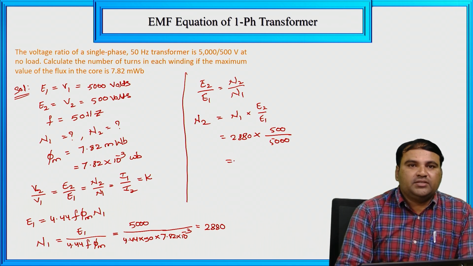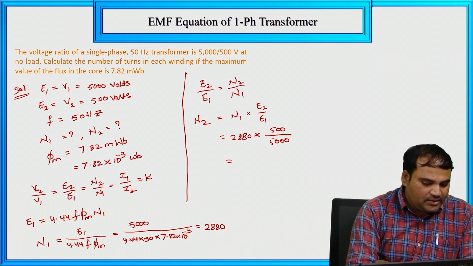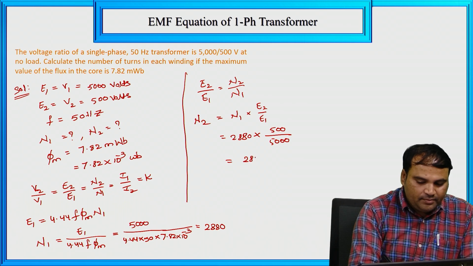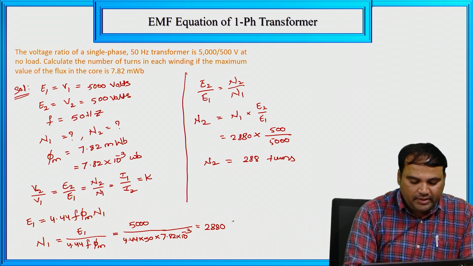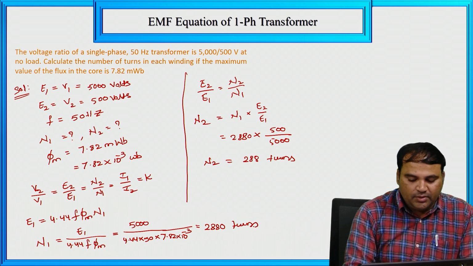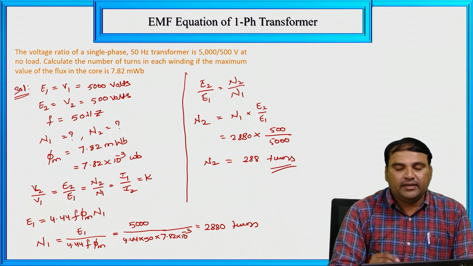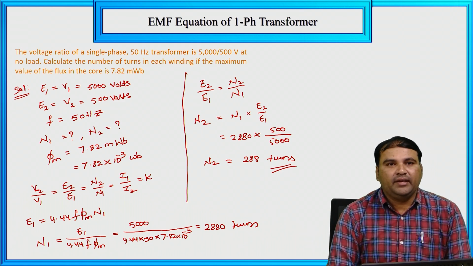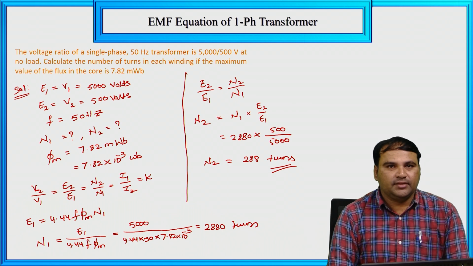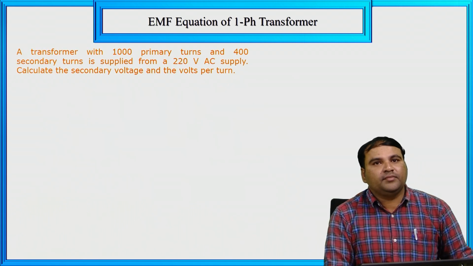Now by solving this equation, we'll get secondary number of turns, that is 288 turns. Here is the primary turns 2880 and this is the secondary number of turns. Here is the calculation part of the primary and secondary turns. Okay, and we will go to the next problem.